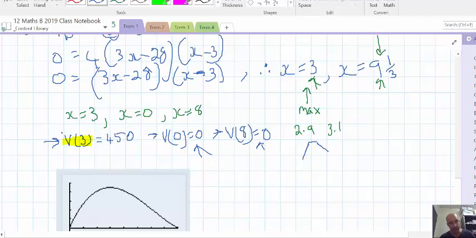Okay, we've only got one turning point or one stationary point, and if it's a maximum, all we need to do is check the endpoints, because that can be what's called a local maximum, and it might start to rise up on the ends. So we do need to check just in case it's a local maximum, but it's not a local maximum, it's a global maximum across the whole domain. So across this domain it's the highest point. But you do need to check those endpoints just to be sure.